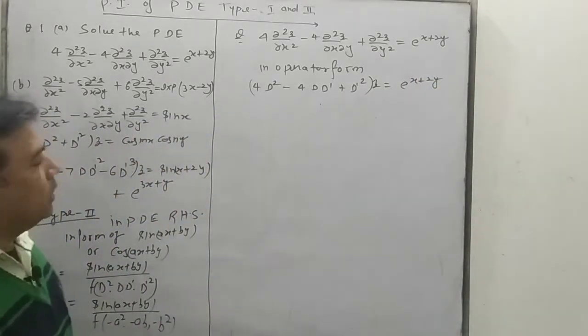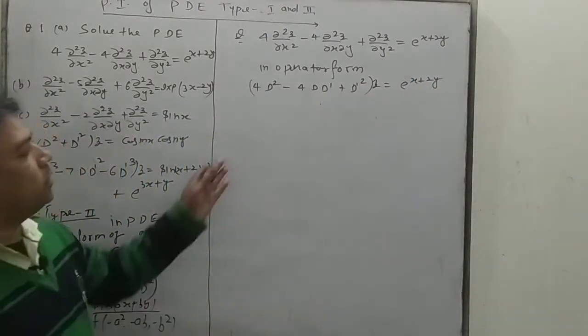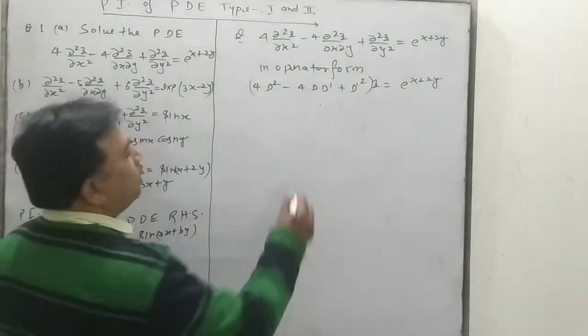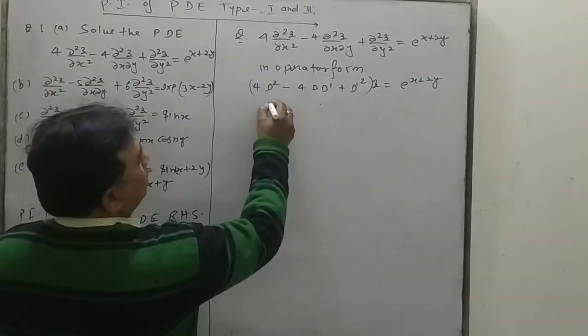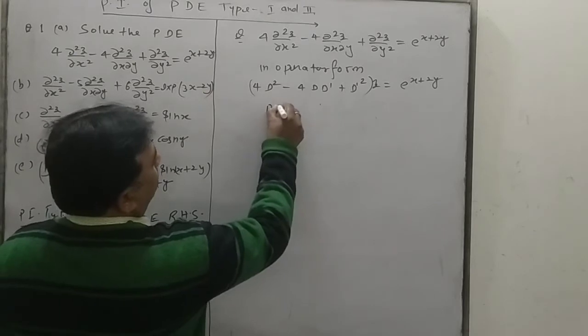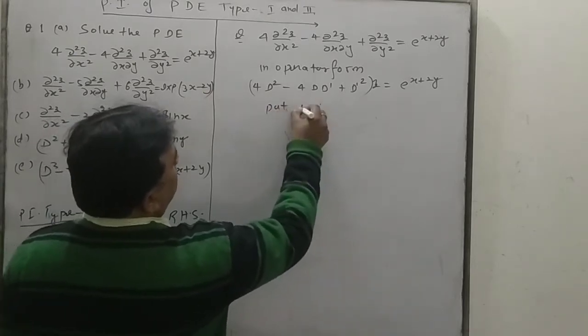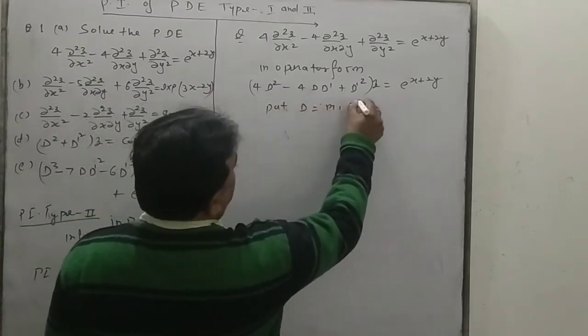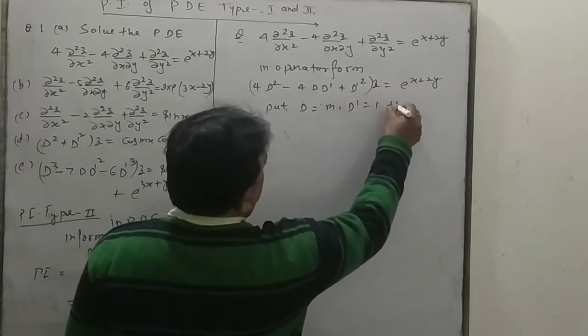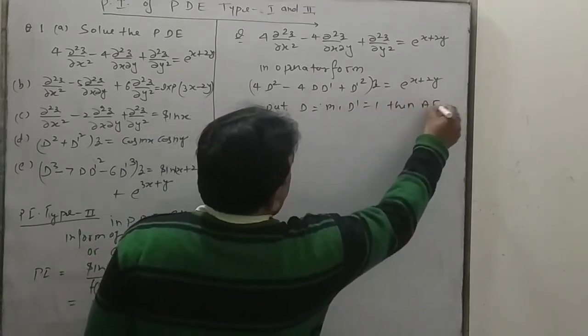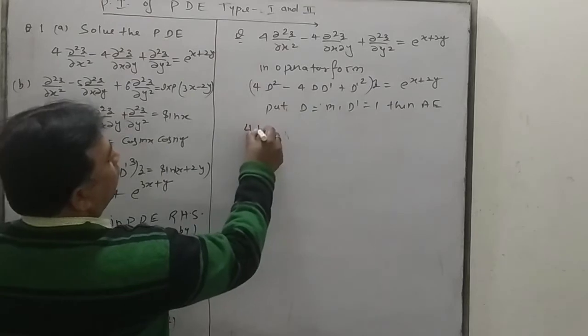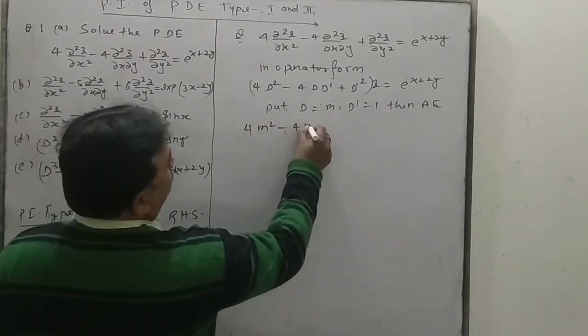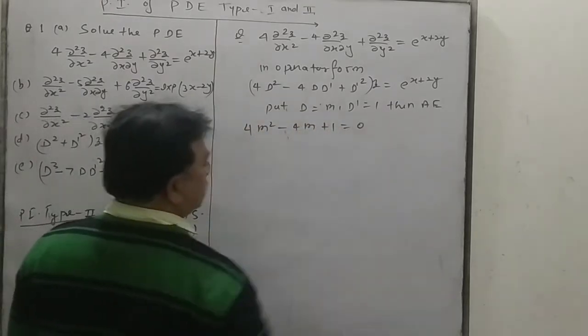After that you write the auxiliary equation of this partial differential equation. We put D equal to m and D dash equal to 1. Then the auxiliary equation is 4m square minus 4m plus 1 equal to 0.